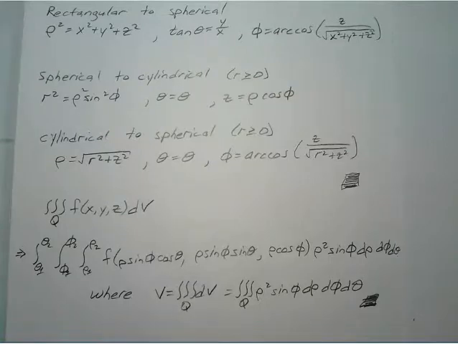Right, so you don't have to actually put in your function when you're just looking for the volume. You just have to find the correct boundaries. All right, so if you are still writing, feel free to press pause, but we're going to go ahead and move on to our example.